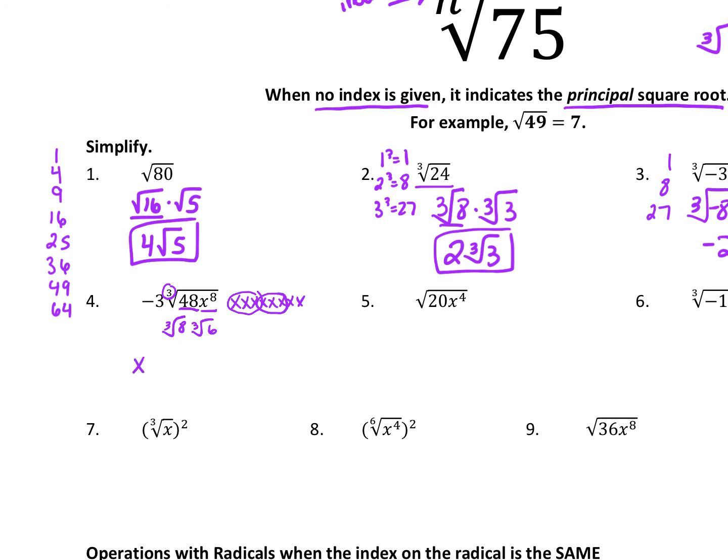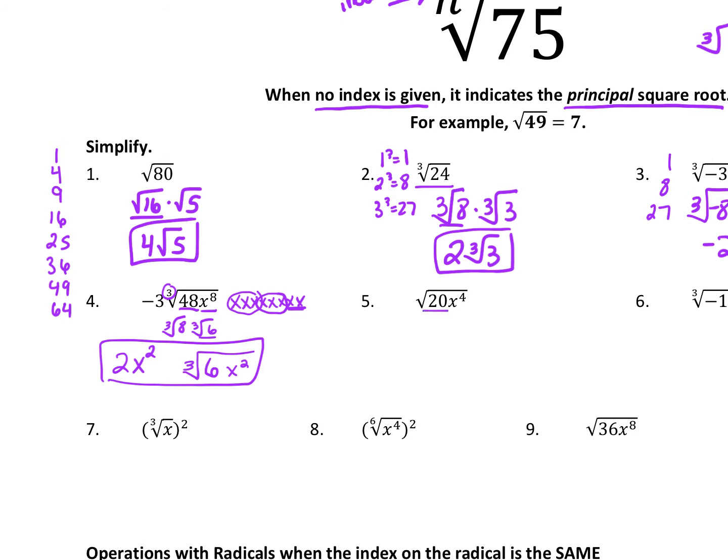That means 2 x's, or x squared, is going to come out. Since there are 2 left that aren't part of a group of 3, those are going to stay in the root. This 6 doesn't simplify, so it's going to stay in the root, but the cube root of 8 will become 2. So my fully simplified answer will be 2x squared times the cube root of 6x squared.